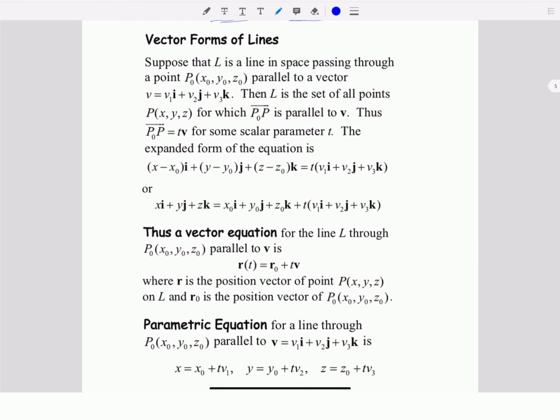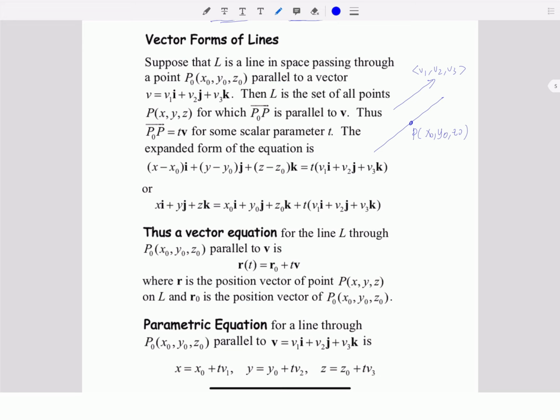Now, the vector form of the line. If you want to get the vector form of a line, let's say we have a line passing through point P, which is (x0, y0, z0), and a vector parallel to the line, which is (V1, V2, V3).